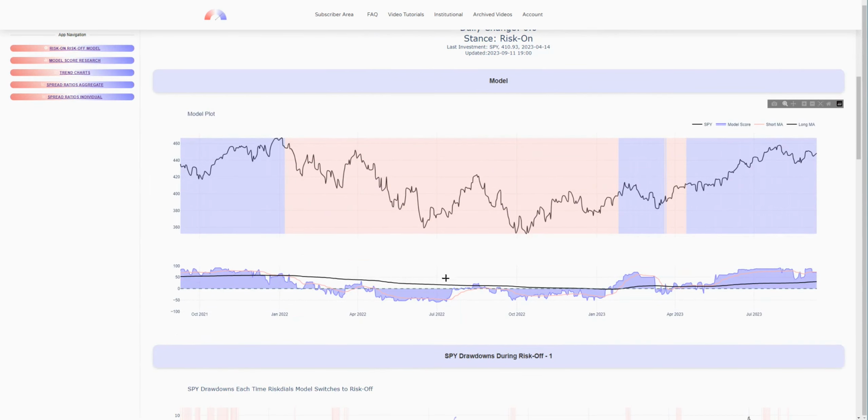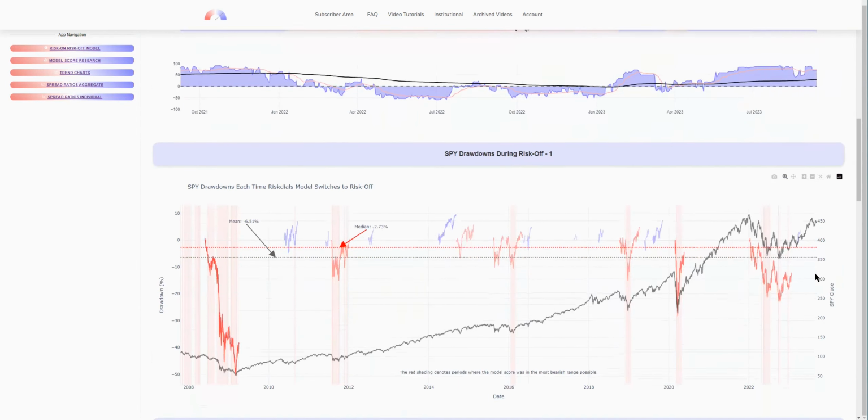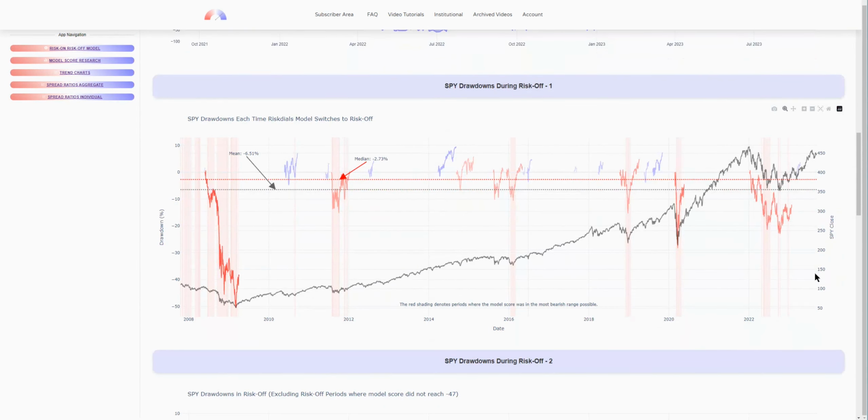Very simply put, what this model does to go into risk off is a long-term moving average gets crossed by a shorter-term moving average, which are optimized for past performance. And when you do that, you come up with something like this.